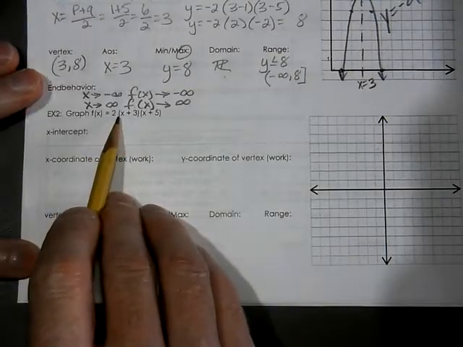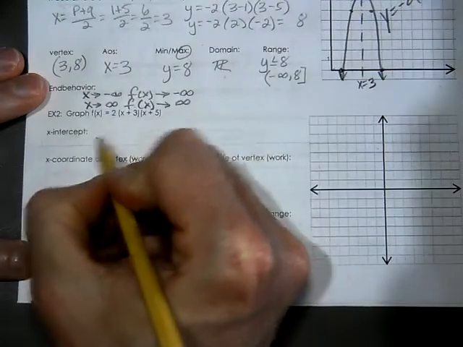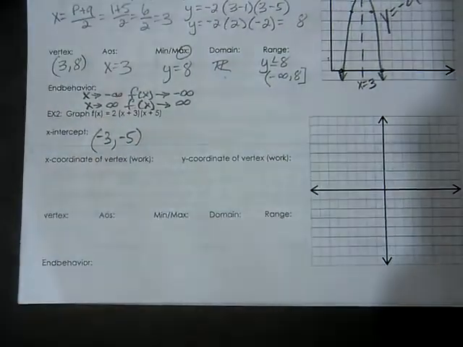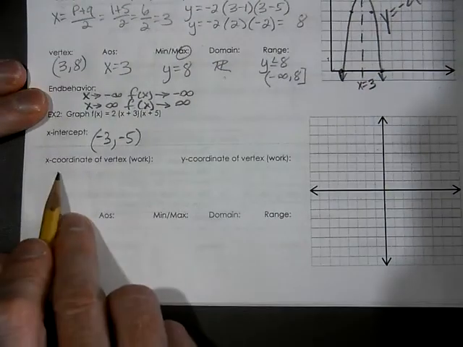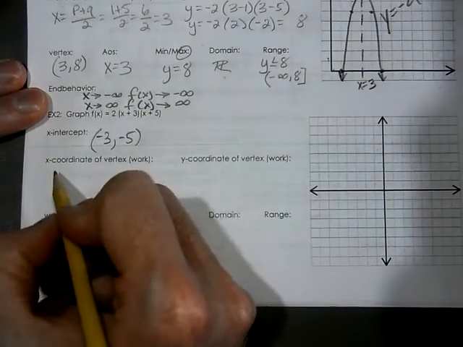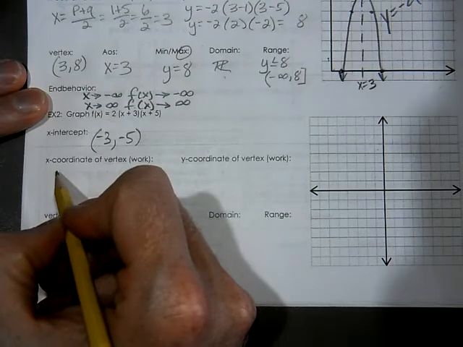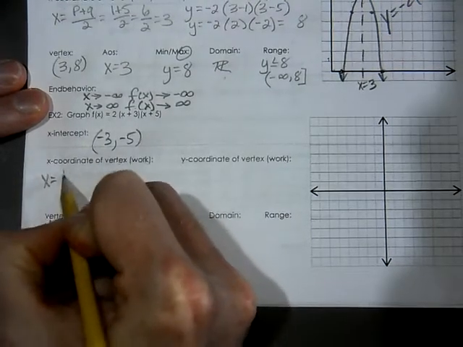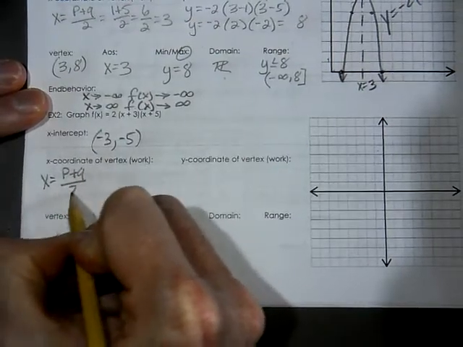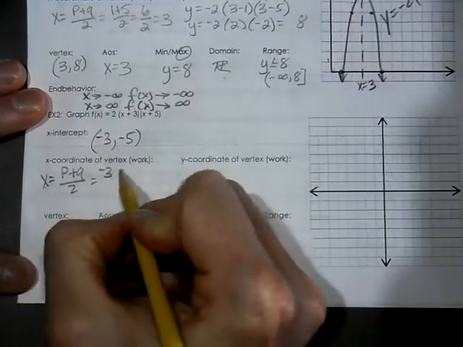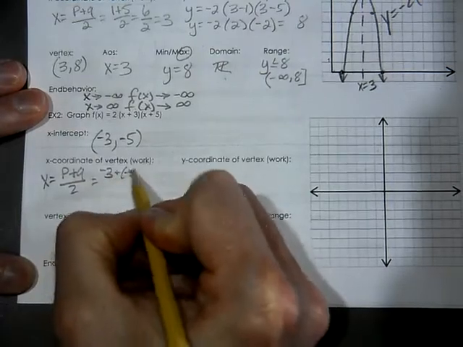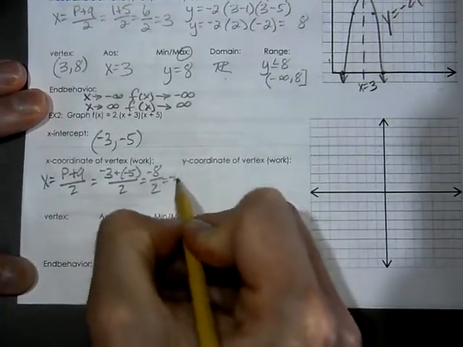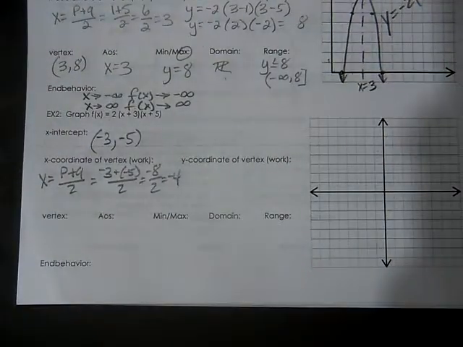Here we're looking at intercept form. Our intercepts are going to be negative 3, comma negative 5. Our vertex is going to be x equals p plus q divided by 2, which is negative 3 plus a negative 5, which is negative 8, which is at negative 4.